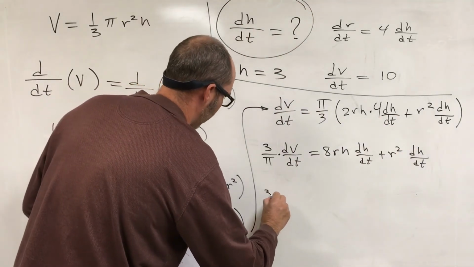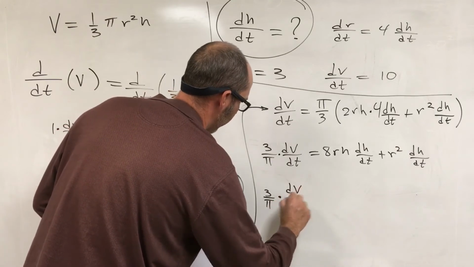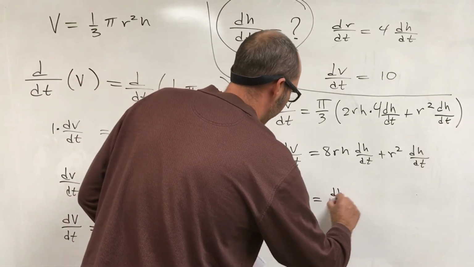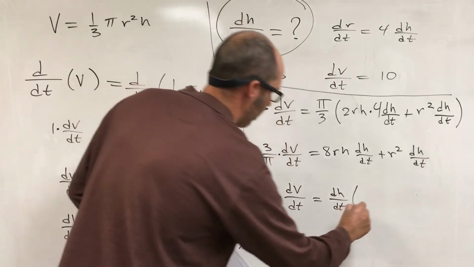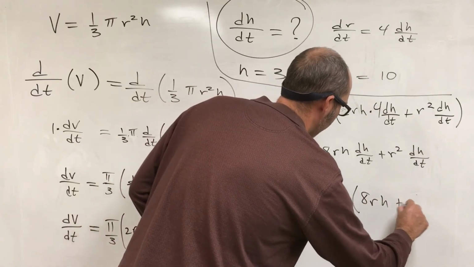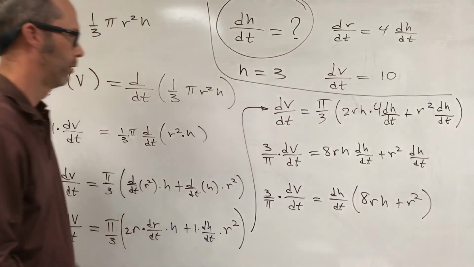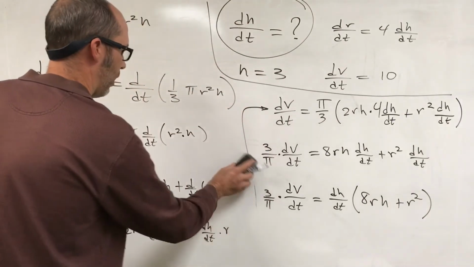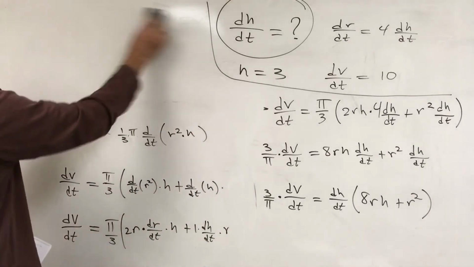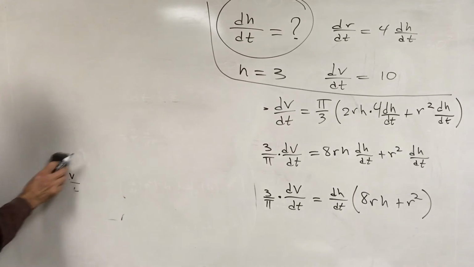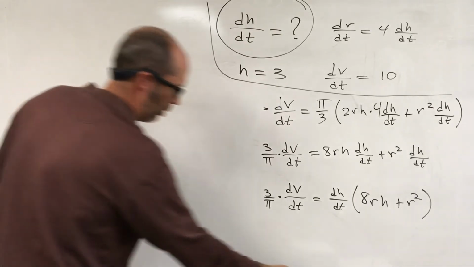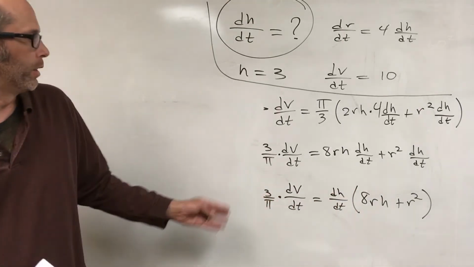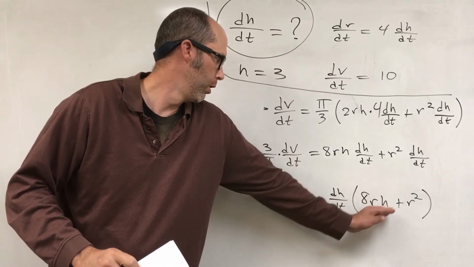So we have 3 over pi dV/dt equals dh/dt times 8rh plus r squared. Now divide both sides by 8rh plus r squared.